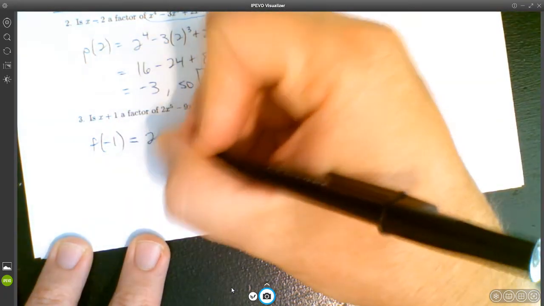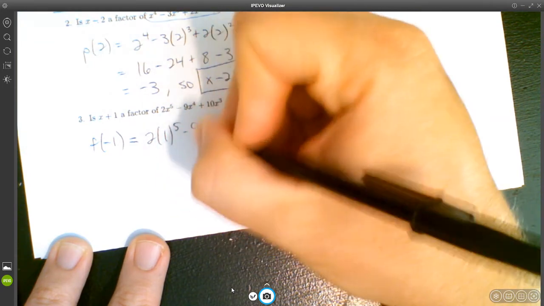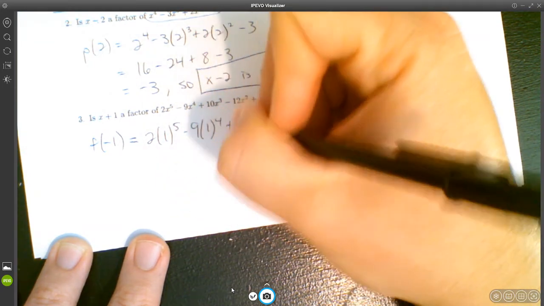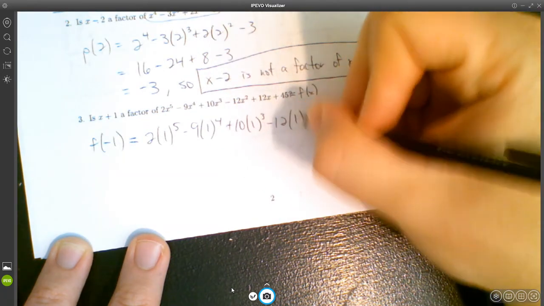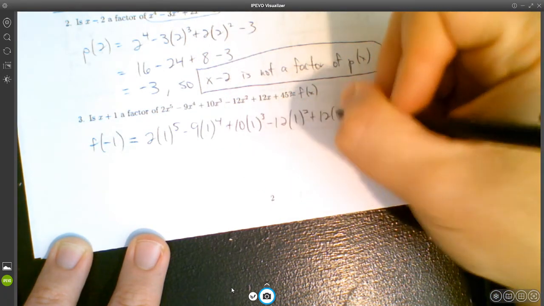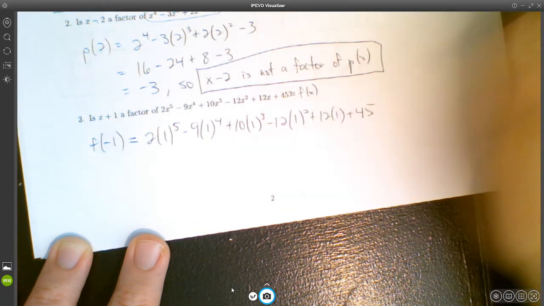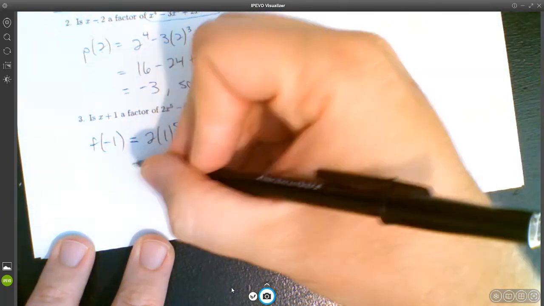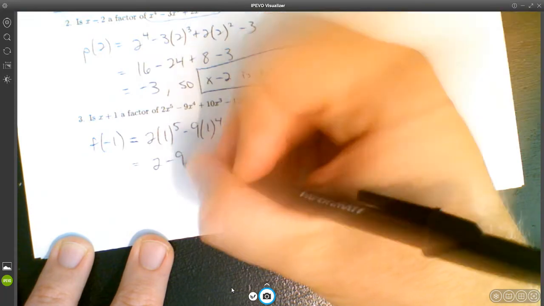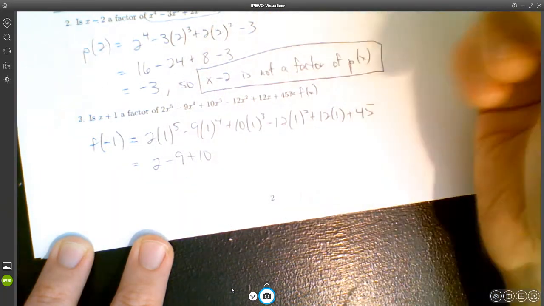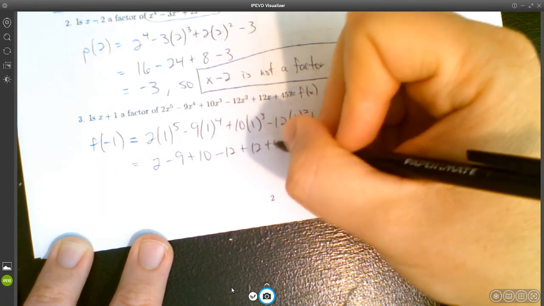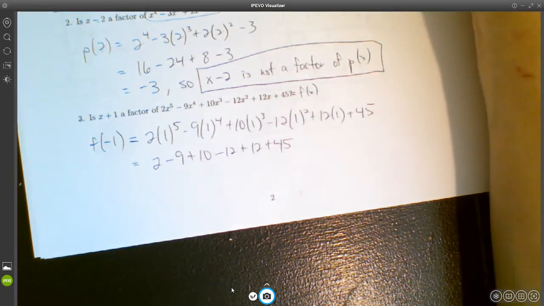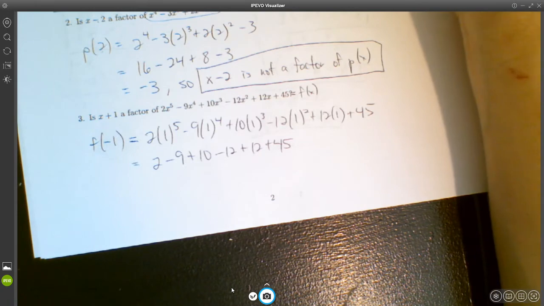Let's see, this is going to be just 2 minus 9 plus 10 minus 12 plus 12 plus 45. I don't think so, right? It doesn't seem like it.